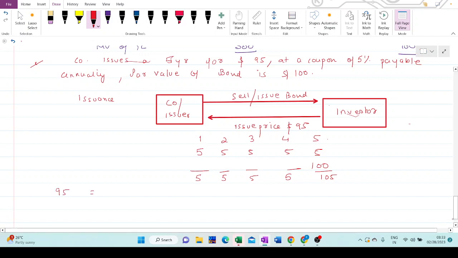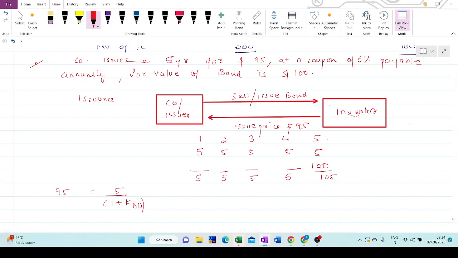So guys, the cost of raising this $95 can be calculated as follows. 95 is equal to 5 by (1 plus KBD), where KBD is your before tax cost of debt, right?